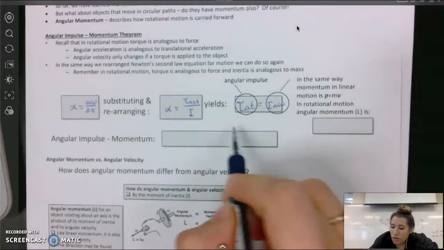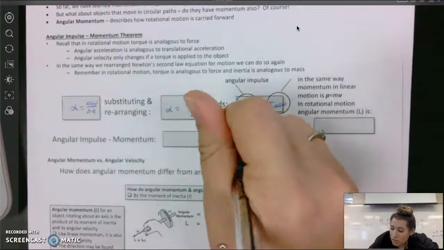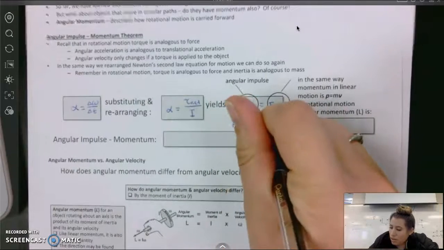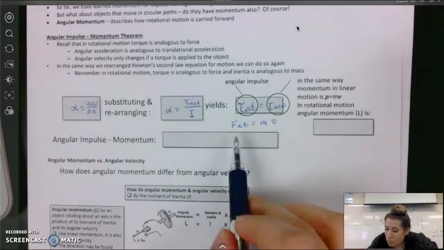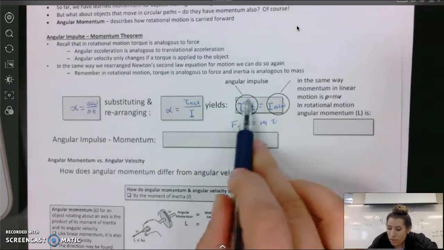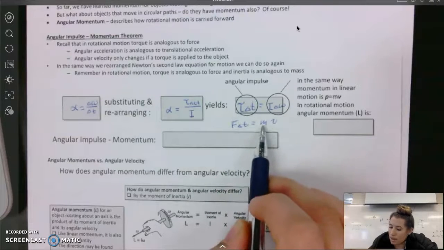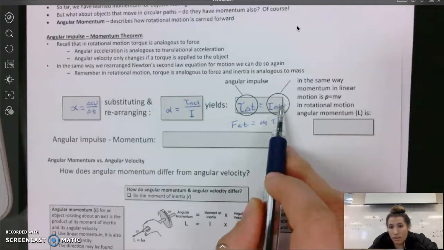I want to draw below this the linear equivalent to this, which is force multiplied by the time component, and mass multiplied by velocity. Okay, so see how we have our impulse and we have our torque equivalent to force. So this is angular impulse, and then on this side we have mass or inertia multiplied by velocity or angular velocity.